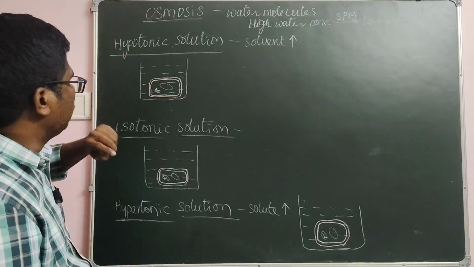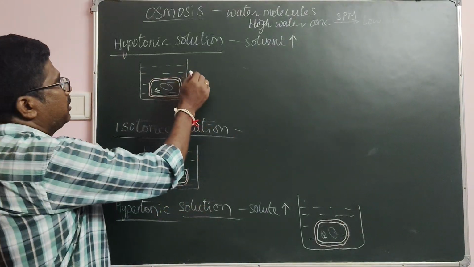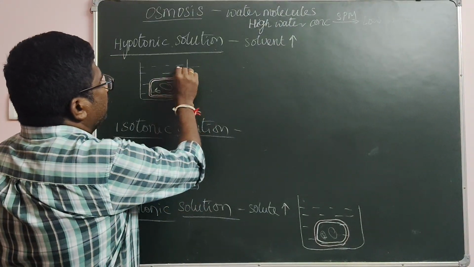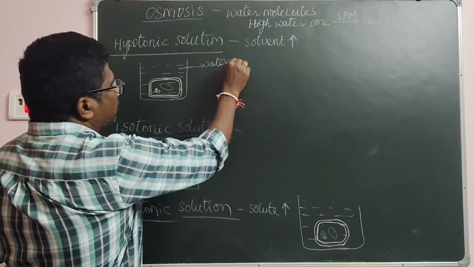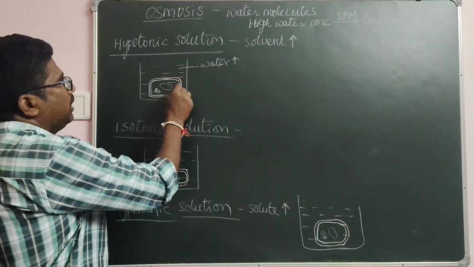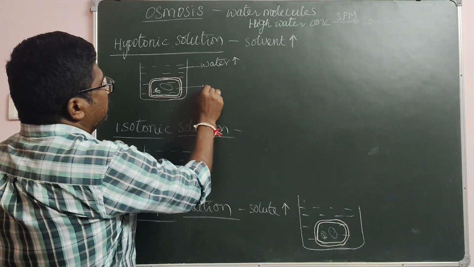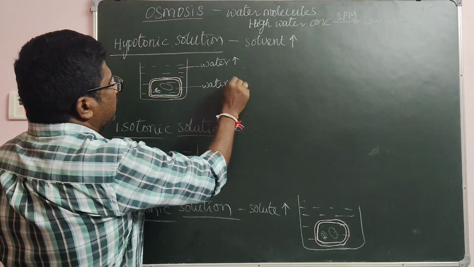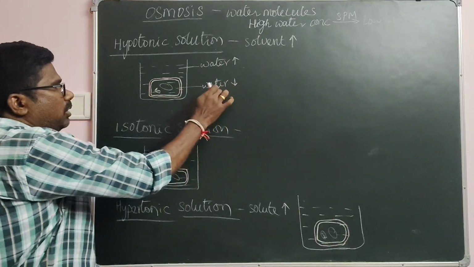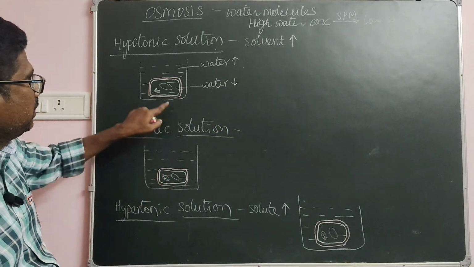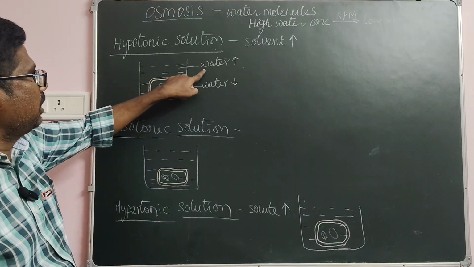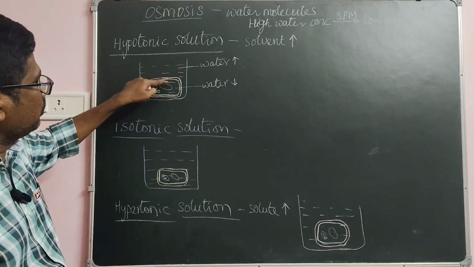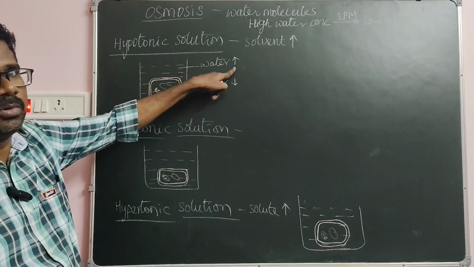So here, hypotonic solution, I said hypotonic solutions, no? Water is more in this medium and water content in this cell is less. When we compare the water concentration, in the cell it is lesser and in the medium, outside the cell, it is more.